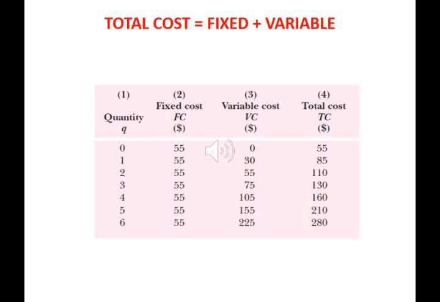And this 30 is exactly the change in the variable cost from 0 to 1. Okay? If we look at a change in output from 1 to 2, here the change in the total cost will be 110 minus 85, which is 25. Okay? And this is exactly the change in the variable cost from 1 unit produced to 2 units produced, which is 55 minus 30 equal 25. Okay? So any jump in the total cost will be exactly equal a jump in the variable cost, because the fixed cost is fixed by definition.